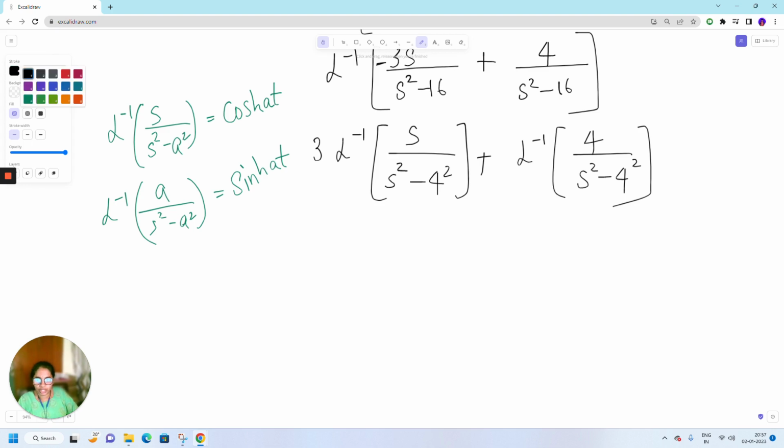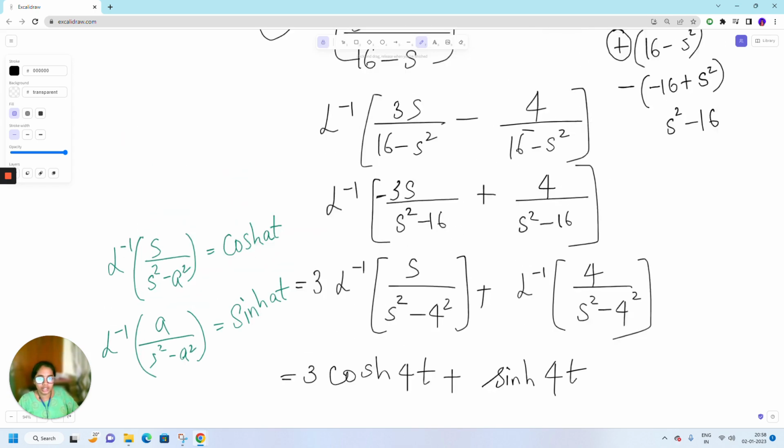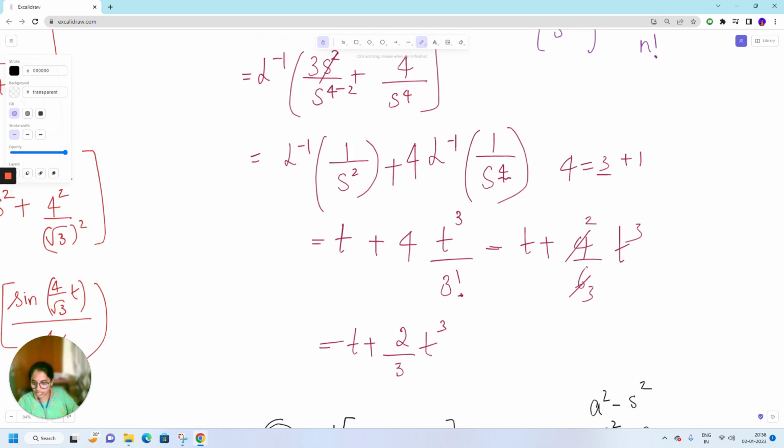We have 3 Laplace inverse of s divided by s square minus a square, which is cos hyperbolic. In place of a, I have 4. That would be 4t, plus I have a divided by s square minus a square directly, so I'll write it as sine hyperbolic 4t. Okay, this is the Laplace inverse of the given question.